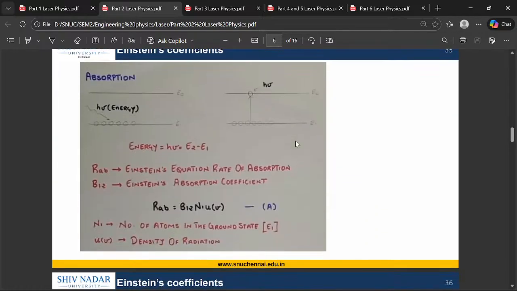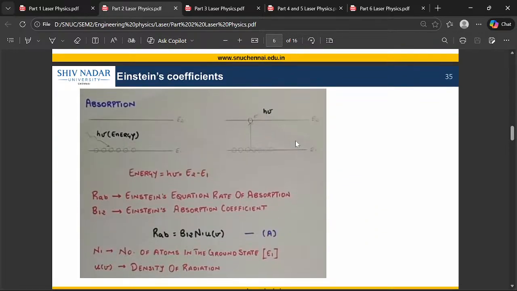Now let's see about Einstein's coefficients. Let's talk about the process of absorption. When an external energy attacks an electron in the ground state, it gets excited with that energy and moves to the excited state E2.